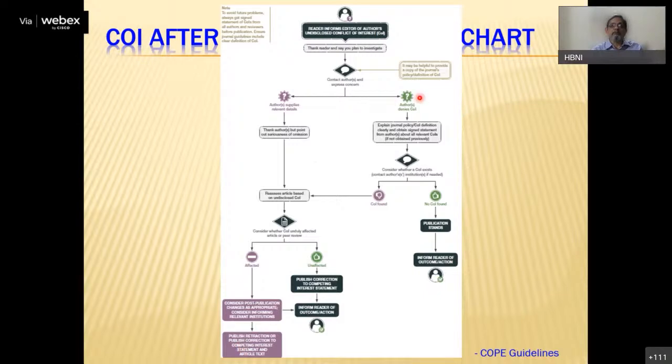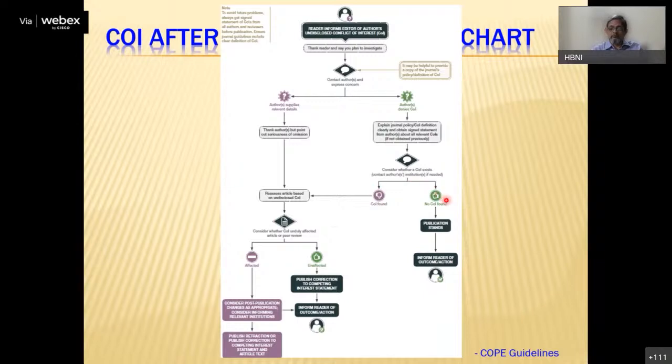Now again, in the case where the author has denied any conflict of interest, he still has to take some action. He has to consider whether this conflict of interest exists at the author's institution, and if it is found, then go back to this point again and go through the same process.